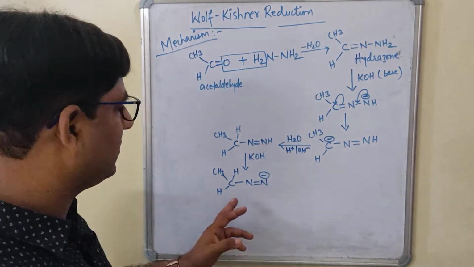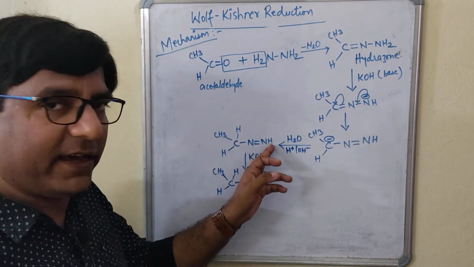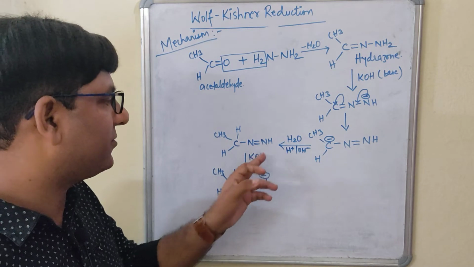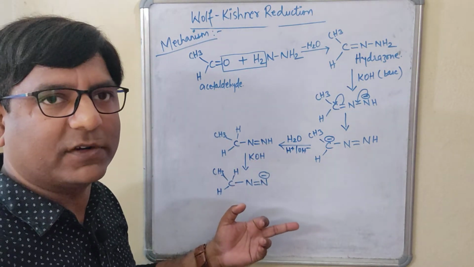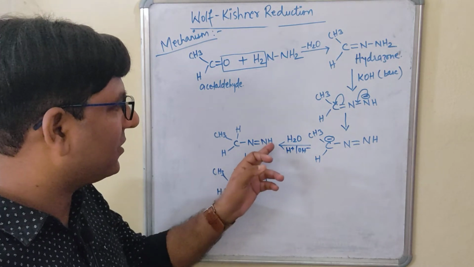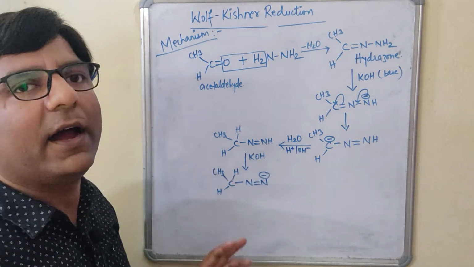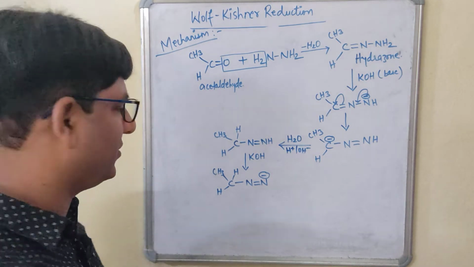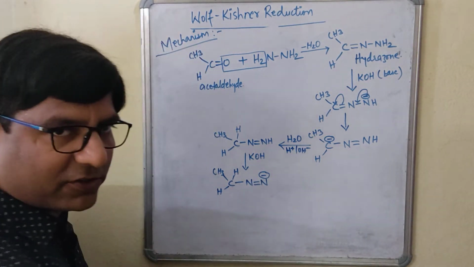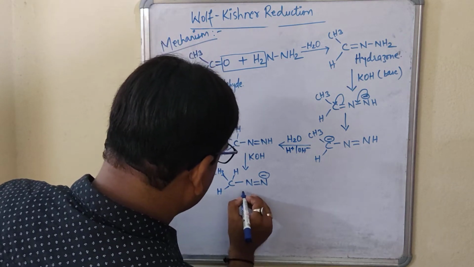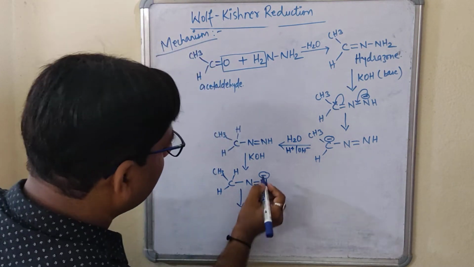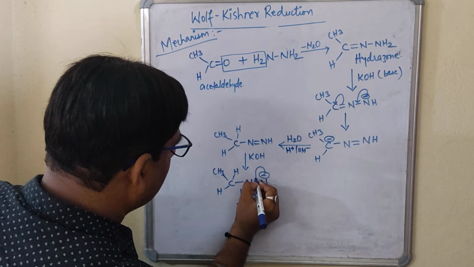Clear? Understood this? Because one hydrogen was there and that hydrogen was also abstracted by this base. This base is for that purpose only, students, for the abstraction of this acidic hydrogen. Now we will get a negative charge over here as it is. Right? Now in the next step, what will happen? In the next step, this negative charge will fall here.